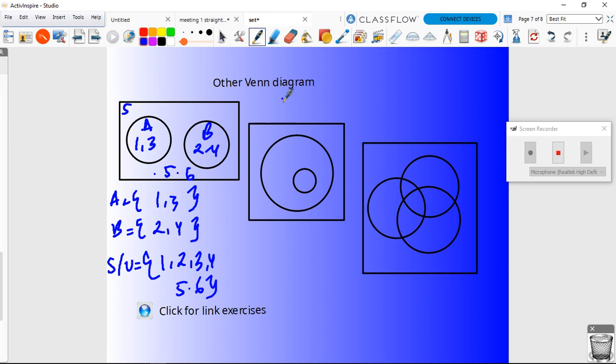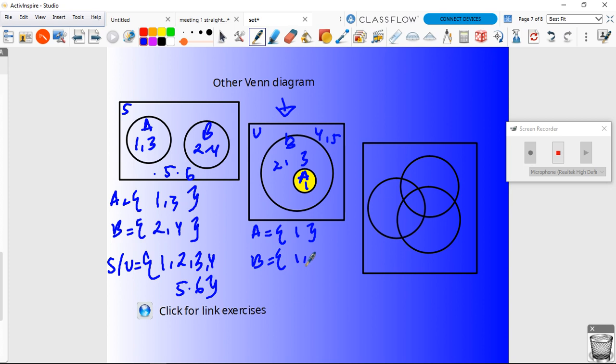It's a different thing from this kind of set. So if here I have A, B, and this is the universal set, it means all the members of A belong to B. So A is also the intersection. Let's say here I have A is 1, 2, and 3, and here 4 and 5. How about B?